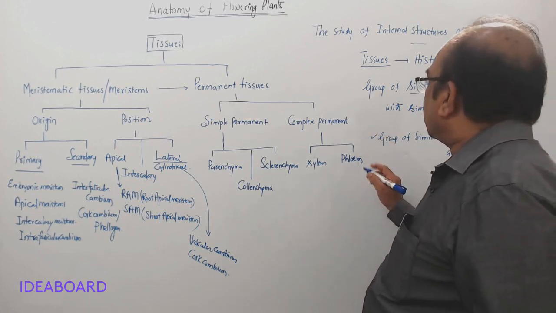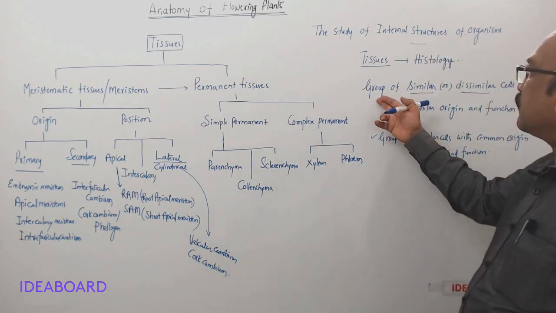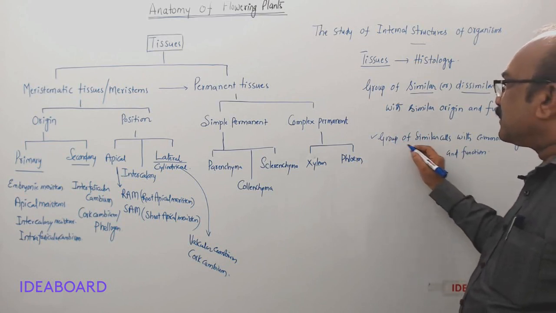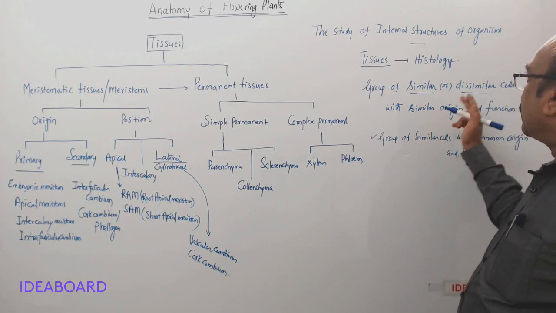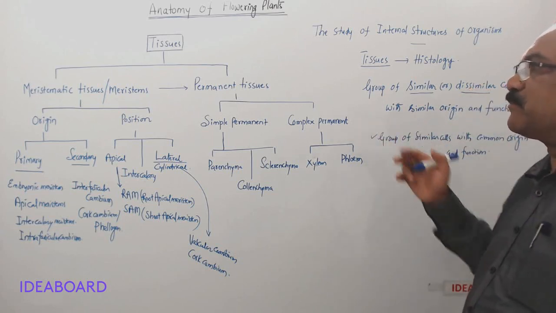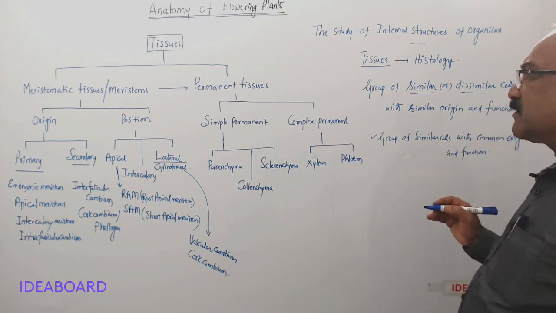This is the definition I just modified. This is a general definition for tissues, and now this is the definition where I have removed dissimilar. If you remove this word dissimilar, then it becomes the definition for simple permanent tissue: group of similar cells with common origin and function.